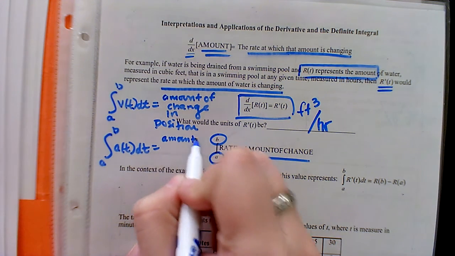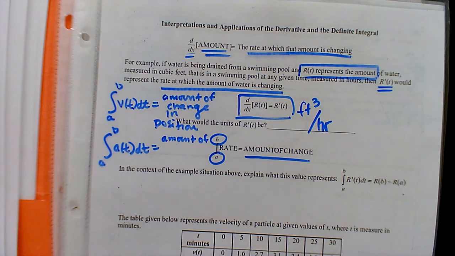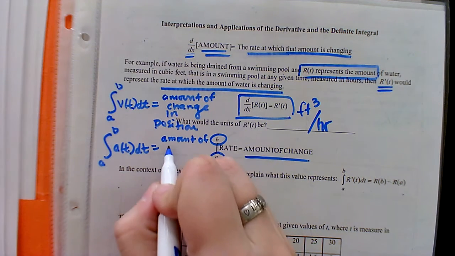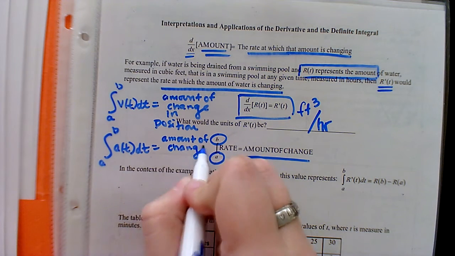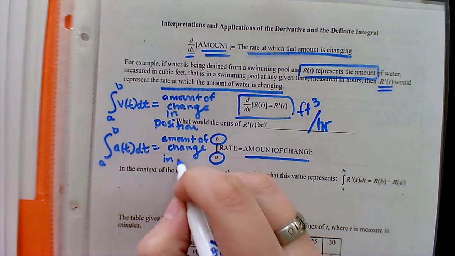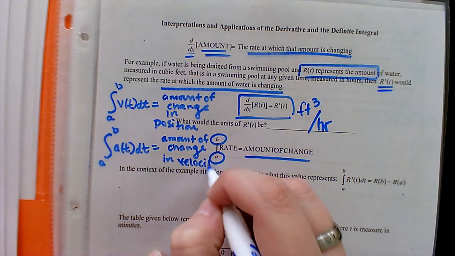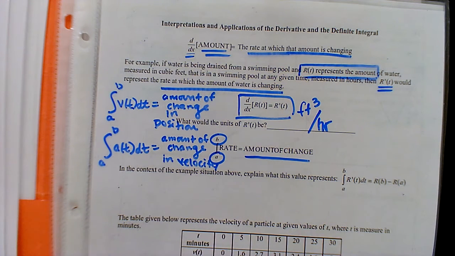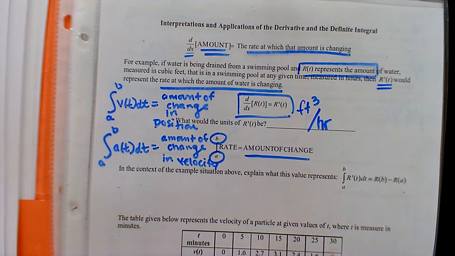Good. So whenever you're integrating, you can think about it as area under a curve, antiderivative, but the applicable representation, in terms of units, is the amount of change in that previous function. In this case, the previous function would be velocity. Good. So let's revisit this swimming pool idea.